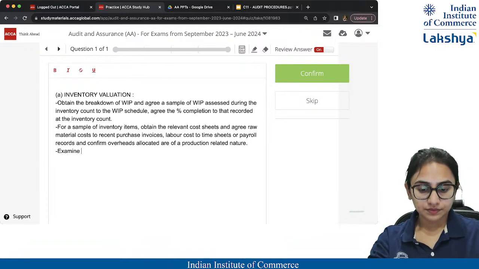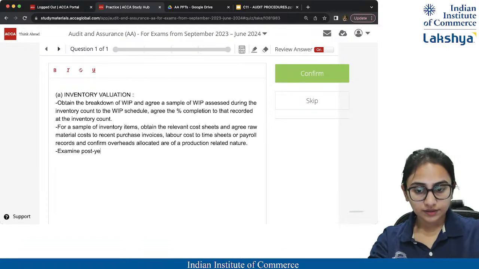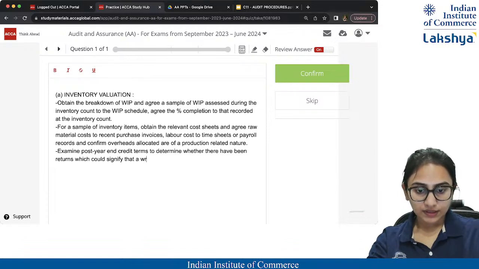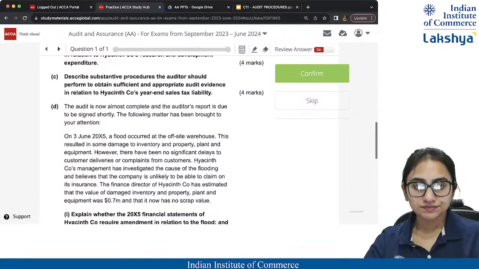Examine post year end credit terms to determine whether there have been returns which could signify that a write down is required. It's for how many marks? 6 marks. Okay.